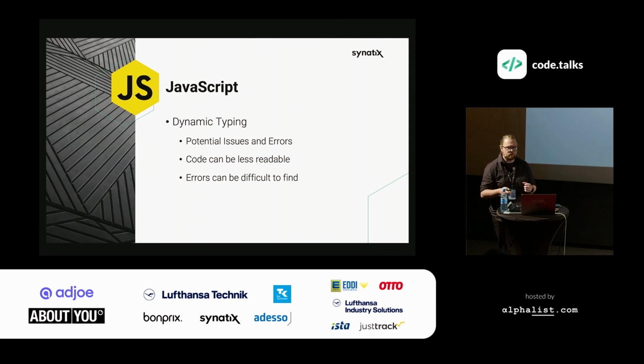But it also makes code less readable. If you don't know the data type or data structure of a variable, you kind of start this file switching to go through every file, make sure what the expression actually returns, and your IDE can't really help you in JavaScript very much. So it makes errors difficult to find when they occur, because you don't know what went wrong.